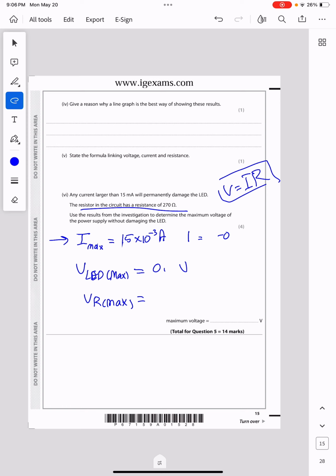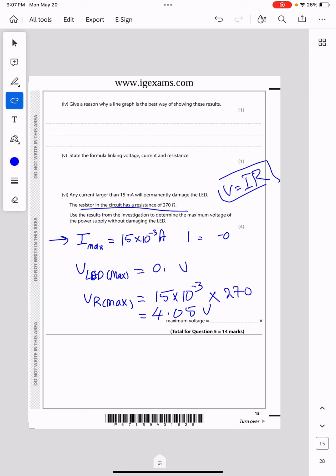The maximum I is going to help us know the maximum voltage, times the resistance of the resistor, which is constant and given to us here. So you just multiply those together, and it is going to be 4.05 volts. This is the maximum voltage over the resistor.